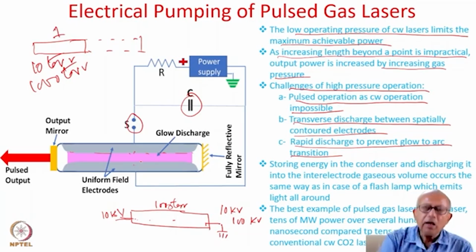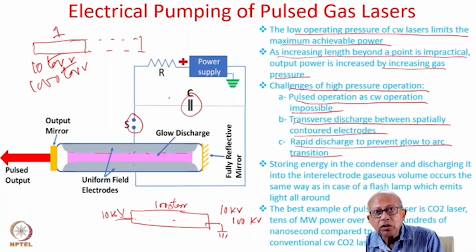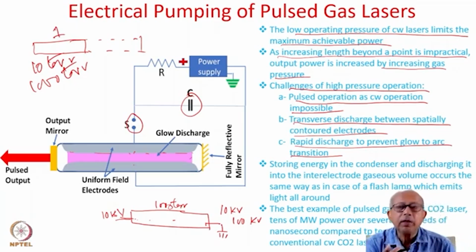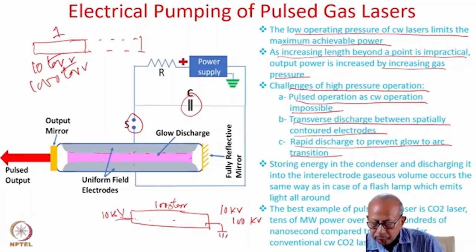And you have to take a lot of special care to ensure that the condenser discharges within a time which is less than glow to arc transition time. So the laser performs very efficiently, the discharge stays as a glow discharge, so that the entire volume and all the light emitting species present there can participate in the lasing process.